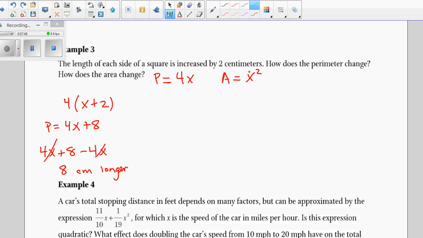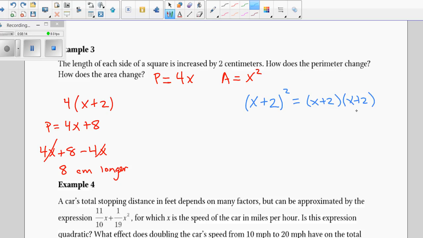area. So my area right now is whatever my length is, x, and if I square it, that's my area. So if I increase each of the lengths by 2 centimeters, that means my new side length is x plus 2, which means that I'm going to square that, because every side now is x plus 2, x plus 2, x plus 2. Or I'm going to do one of the side lengths, x plus 2, times the other side length of x plus 2.